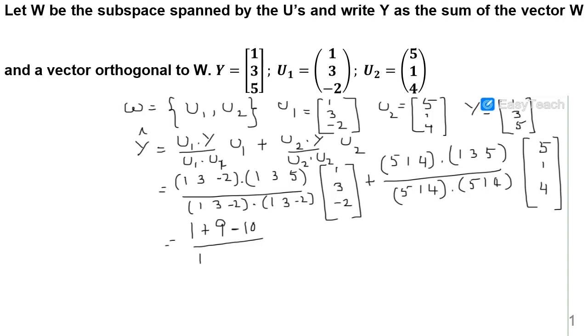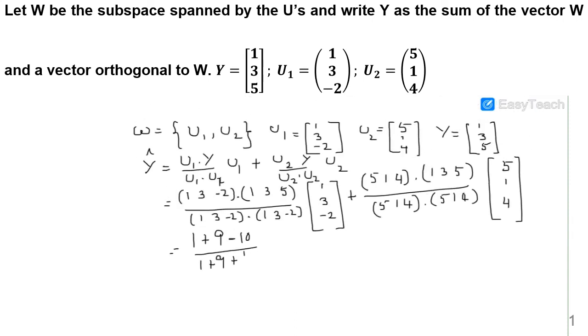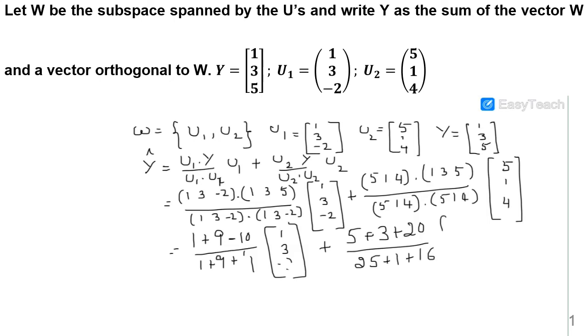Here 1 into 1 is 1, 3 into 3 is 9, plus minus 2 into minus 2, that gives me 4, multiplied by (1, 3, -2), plus 5 plus 3, 4 into 5 is 20, divided by 5 into 5 is 25 plus 1 into 4 is 16, it has to be multiplied by (5, 1, 4).